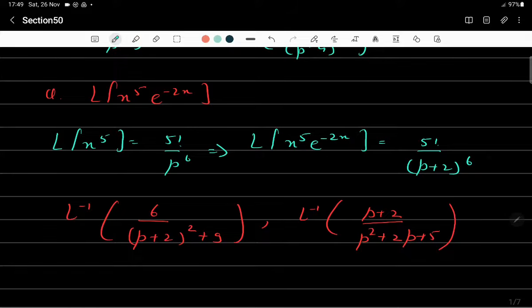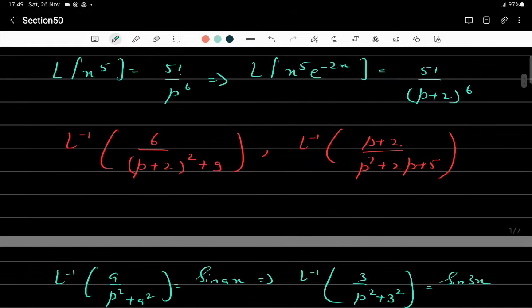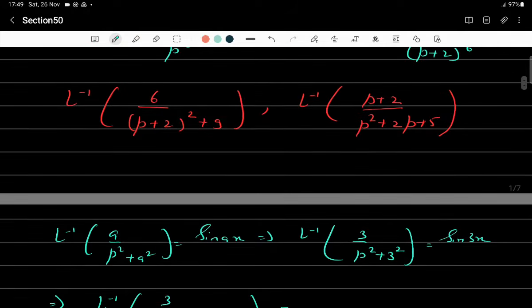Now compute Laplace inverse of 6 by (p plus 2) whole square plus 9. For this one, recall the Laplace of sin ax and cos ax. In case of sin ax, it is a by p square plus a square. Here it is (p plus 2) square, so an exponential function would come, plus 3 square. So a is 3. So I can write Laplace inverse of 3 by p square plus 3 square as sin 3x.